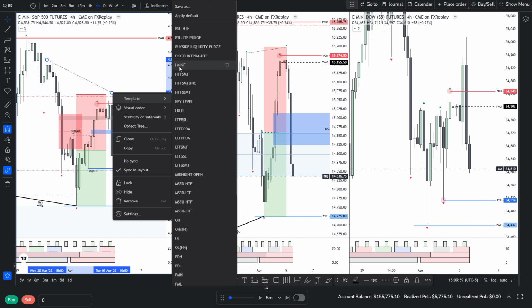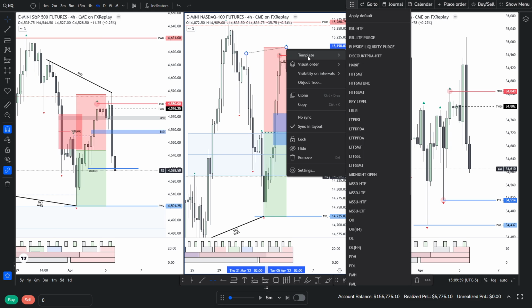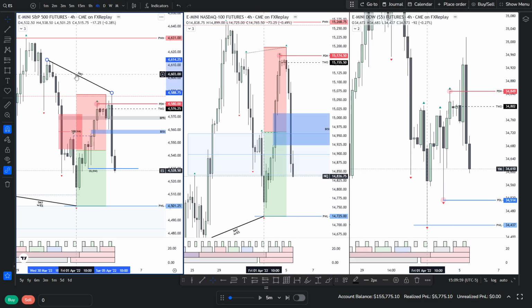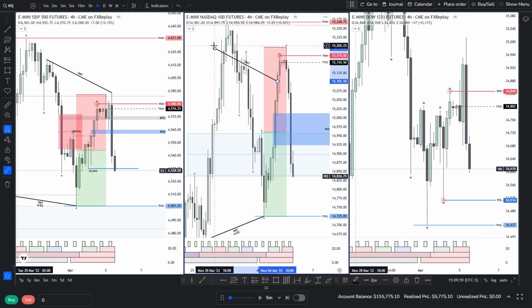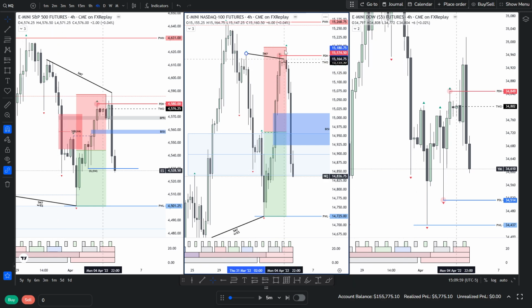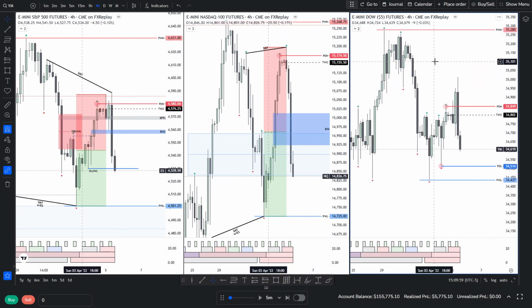The beauty of backtesting is the ability to learn. And yes, my bias is still very much bullish, looking at this area here for this day.